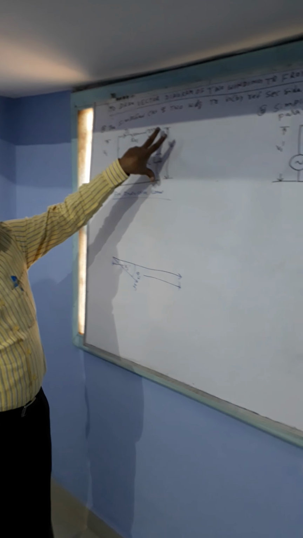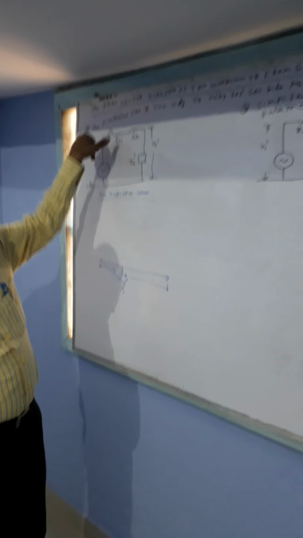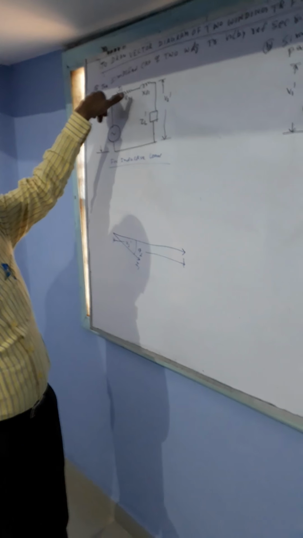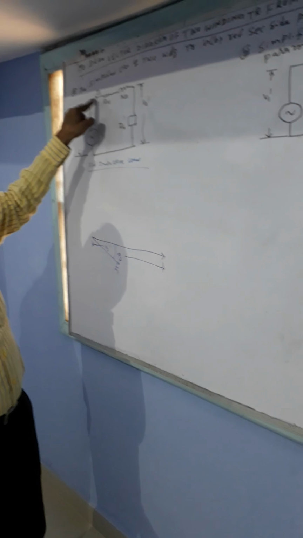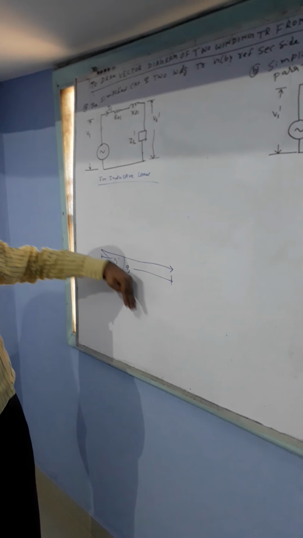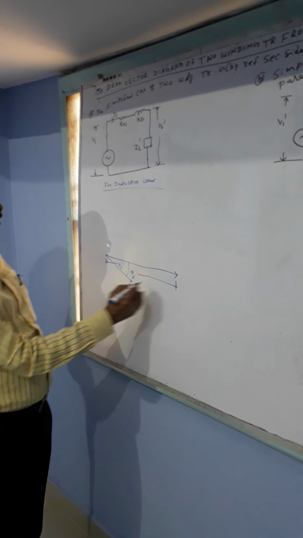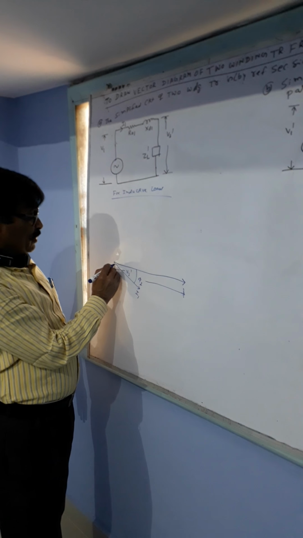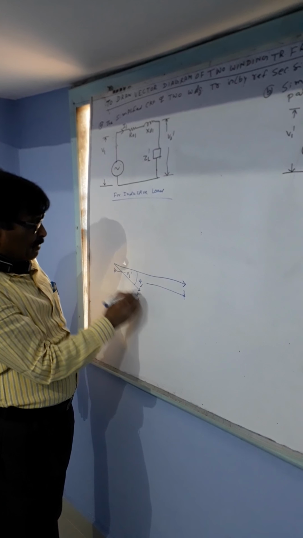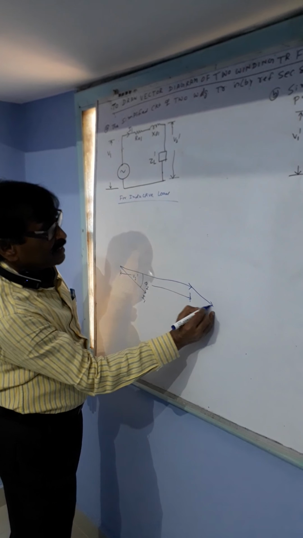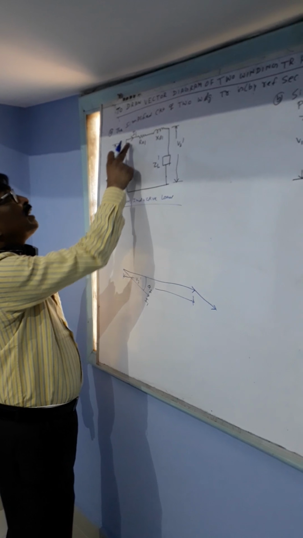Now, from this V2 dash, the voltage drop in winding resistance, I1 into R01, will be in phase with I1 and will start from this V2 dash point, in parallel with this I1, but its magnitude will be the product of I1 and R01.